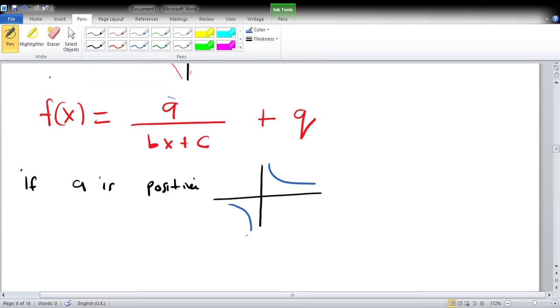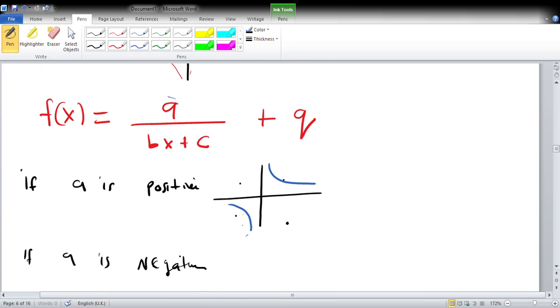Next, if a is negative, then things have changed. Instead of the graph facing these two quadrants, remember from the Cartesian plane we have 4 quadrants: quadrant 1, 2, 3, and 4.